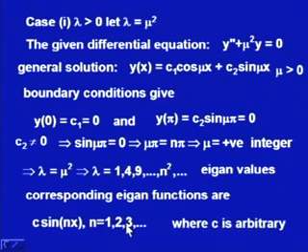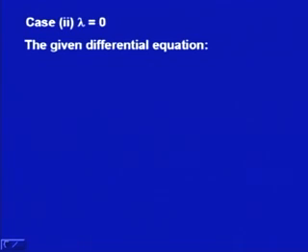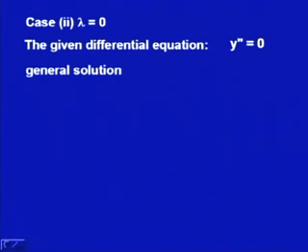Now, let us see the second case, lambda is equal to 0. In this case, what will our given differential equation become? y double dash is equal to 0. That is, we would have two characteristic roots, 0 and 0, equal roots, and in that case we know that our general solution will be of the form C1 plus C2 x.